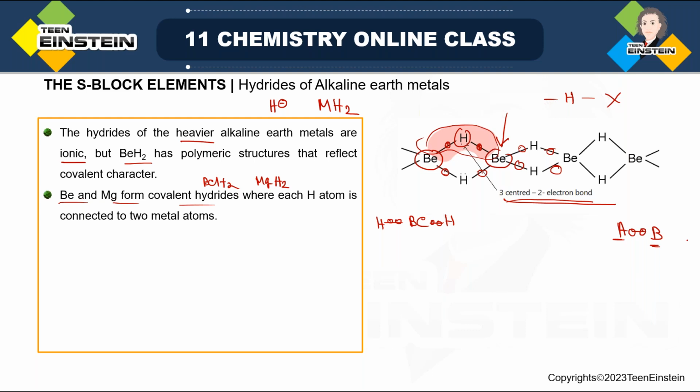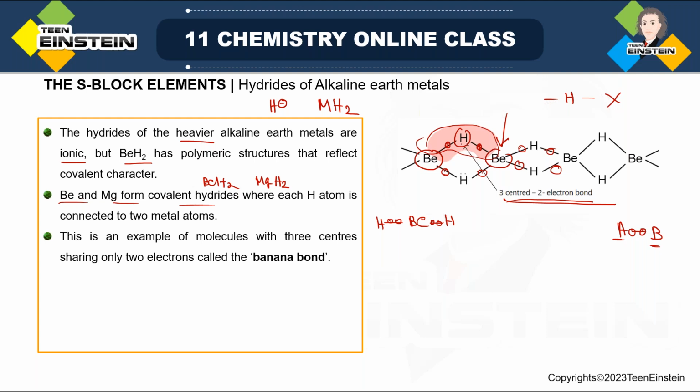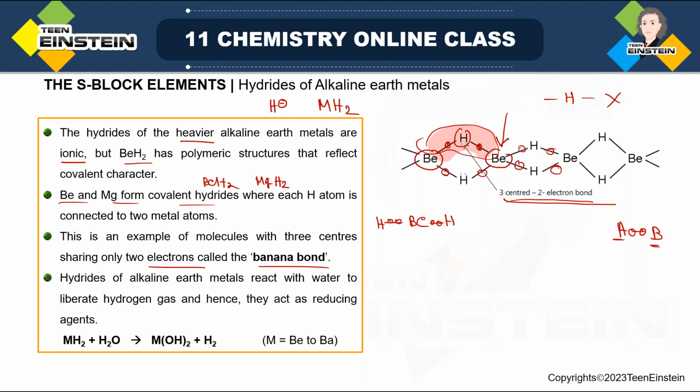So 2 electrons will be over 3 centers, that is why we have this type of name. So BeH2 has a polymeric structure and is covalent in nature. This is an example of a molecule with 3 centers sharing only 2 electrons, and because of this particular shape, it is called a banana bond, as it is similar to the shape of a banana.